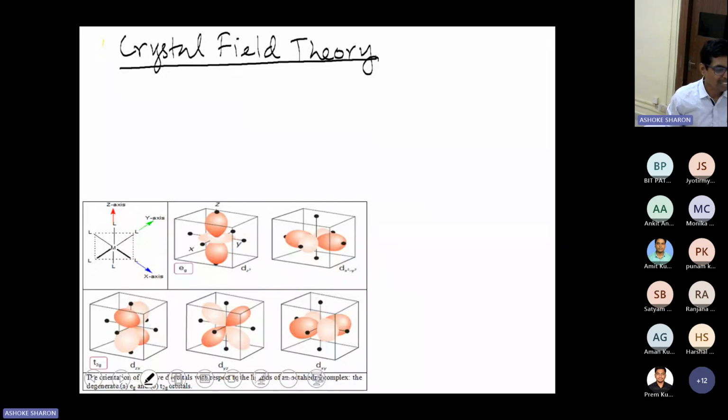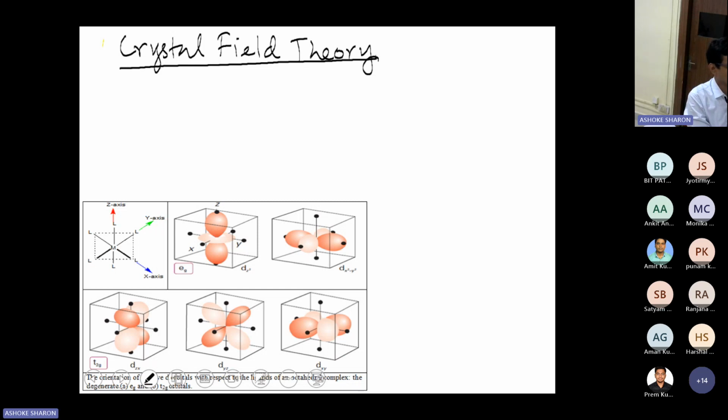Before we move towards the crystal field theory, we must have a very basic idea or concept about the different d orbitals present in the central metal ion. This shows the central metal ion in a typical octahedral geometry.